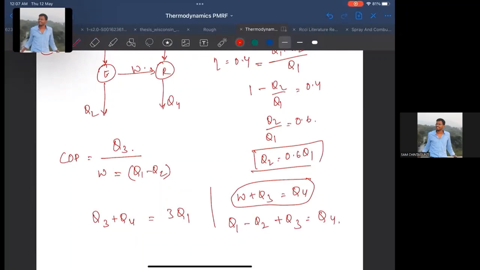If you substitute Q4 here, Q3 plus Q4 is nothing but Q1 minus Q2 plus 2Q3 is equal to 3Q1. So 2Q3 plus Q1 minus Q2 is equal to 3Q1. Q1 minus Q2 is equal to 0.4 Q1, right?